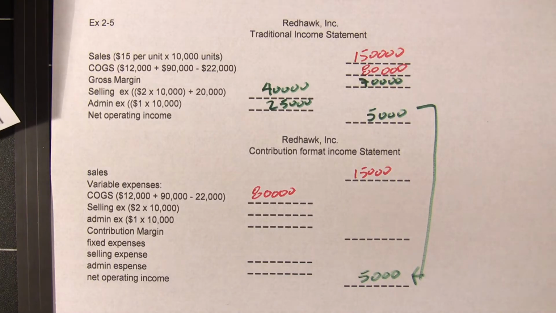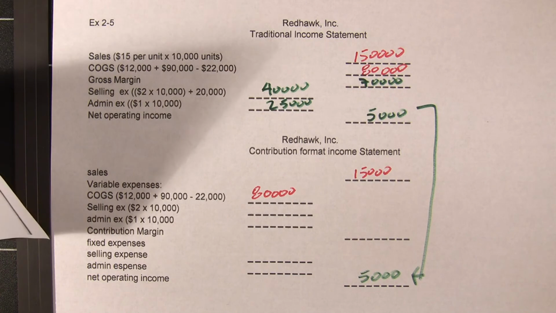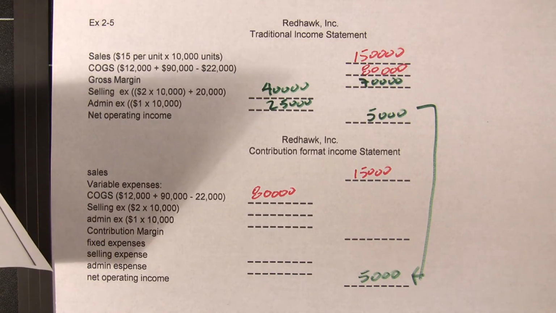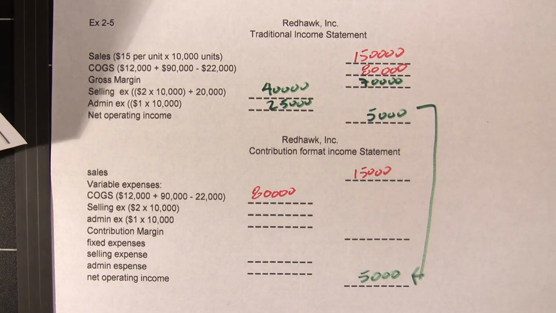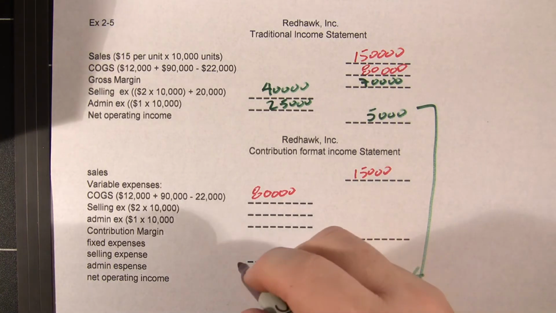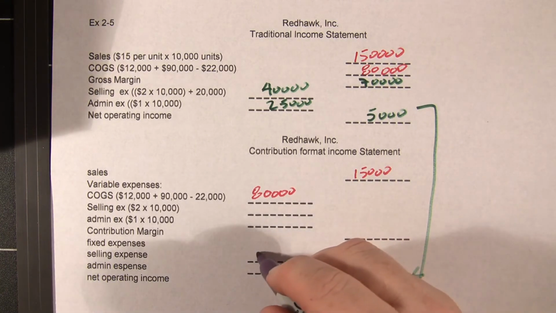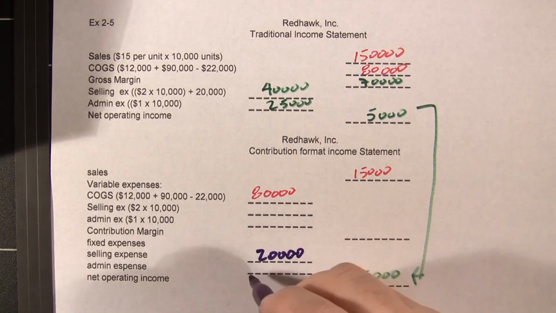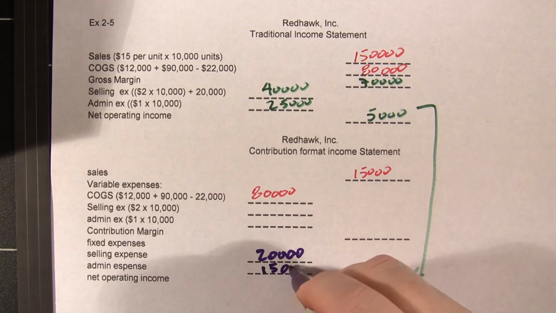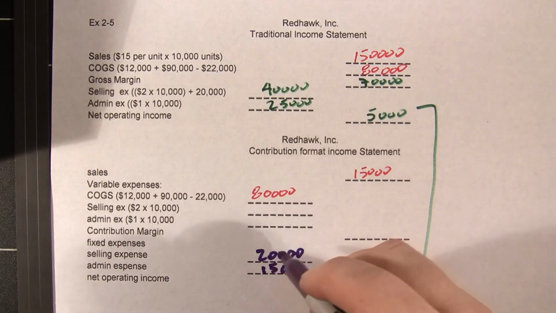Well, the first thing to highlight is the fact that in the contribution margin, we have total fixed selling expenses and total fixed administrative expenses. They're put together, and our selling expense is 20 and our admin is 15, so they're fixed.